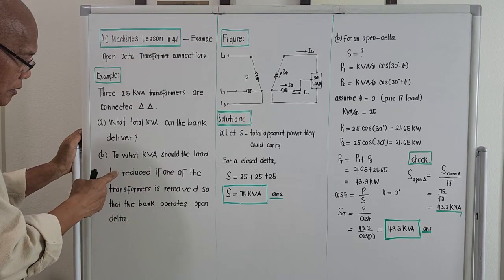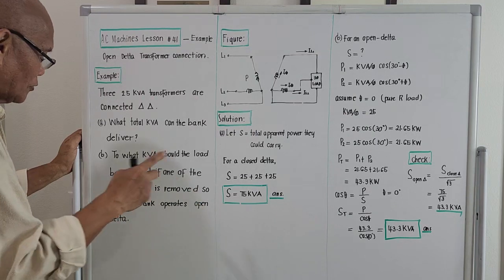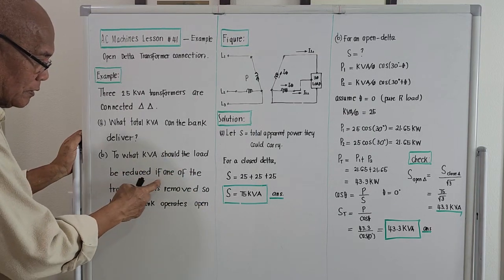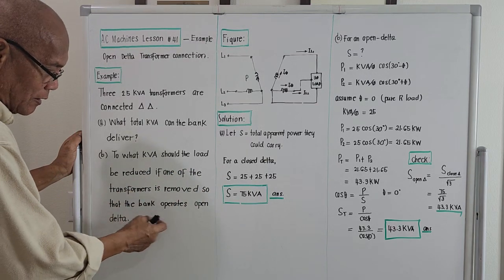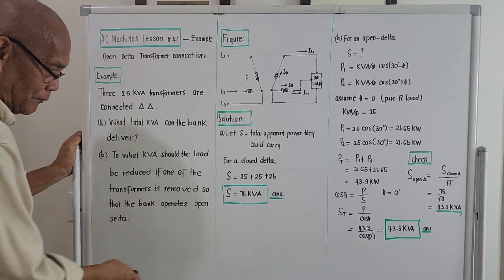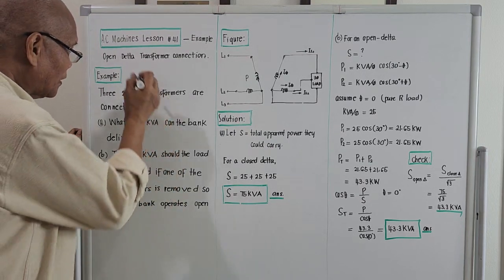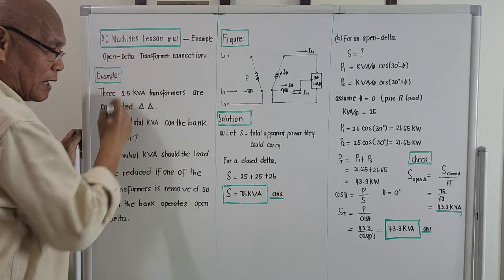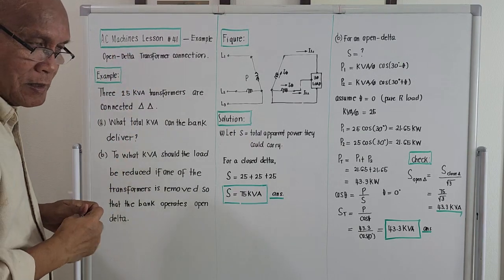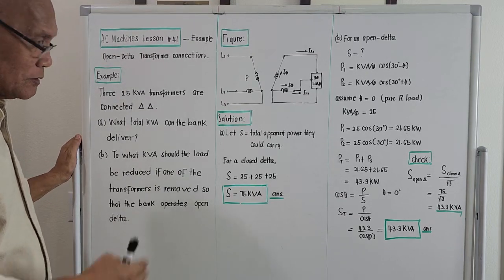Letter B, to what kVA, meaning apparent power, should the load be reduced if one of the transformers is removed so that the bank operates as open delta? That's why I told you the subject matter for tonight will be an open delta connection, and how an open delta carries a percentage of the load. What will be the percentage?